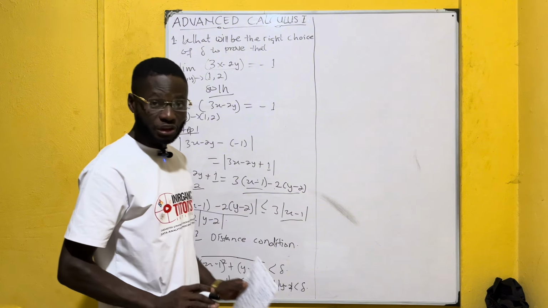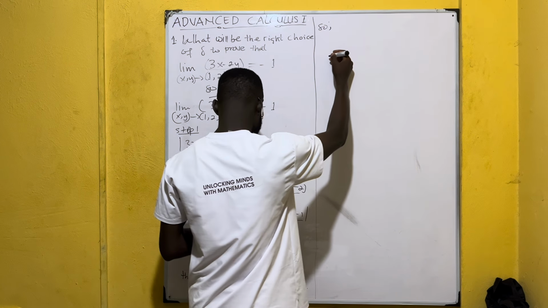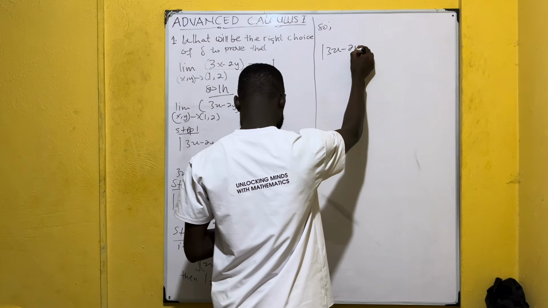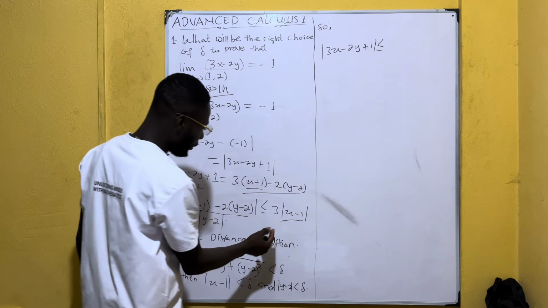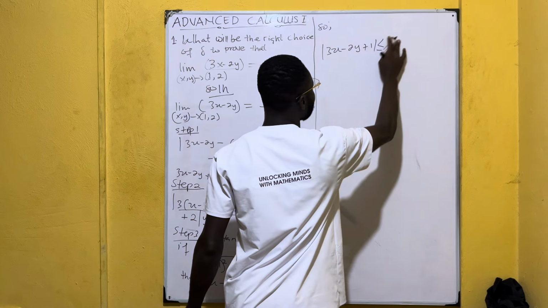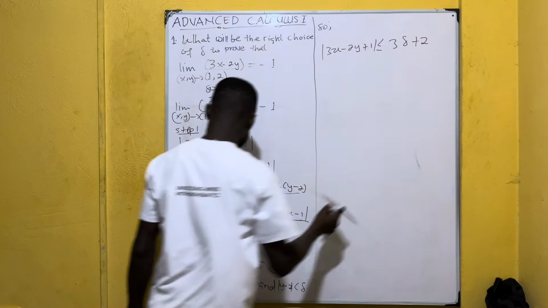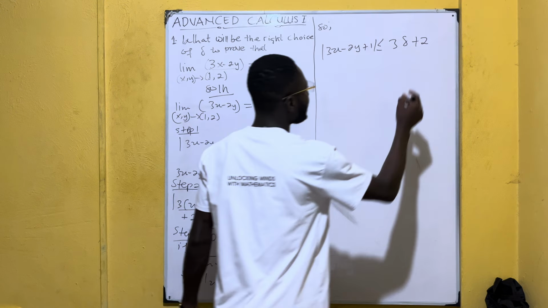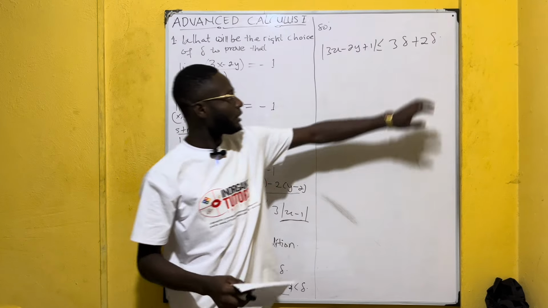So if that is true, then we can say that the absolute value of 3x minus 2y plus 1 is less than or equal to 3 times delta plus 2 times delta, since each absolute value is less than delta.